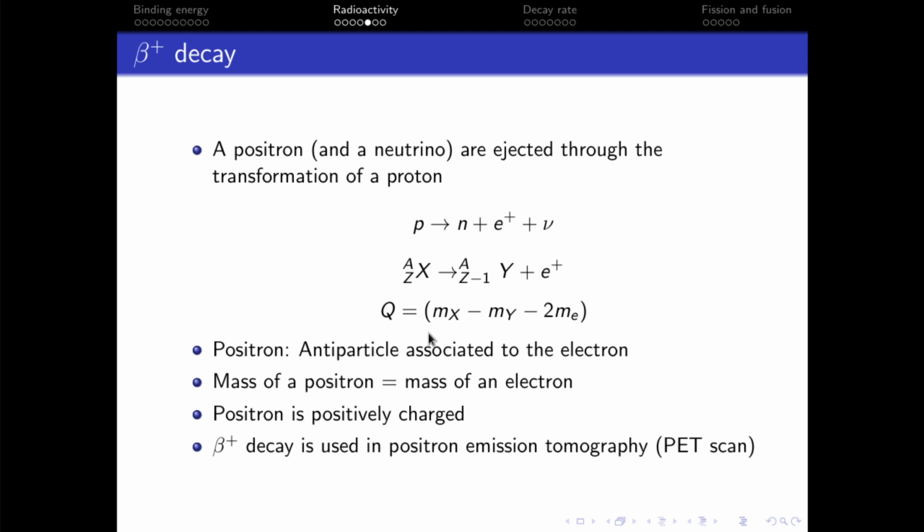So the energy will take the form of the neutral atom we had at the beginning, minus what we have at the end, the neutral atom of Y, and minus 2 times the mass of an electron. So you could also write it down as minus the mass of a positron minus the mass of an electron. This would be the same.